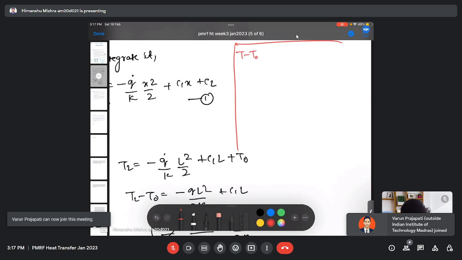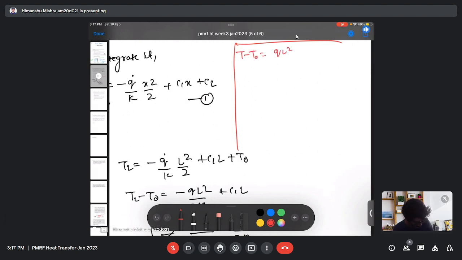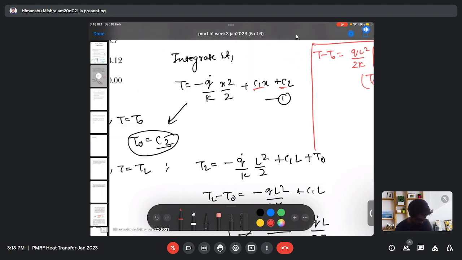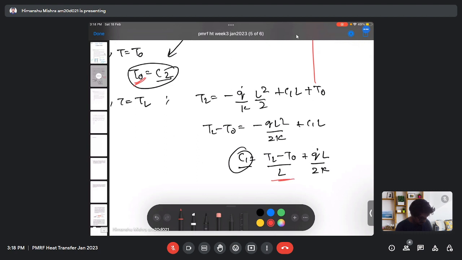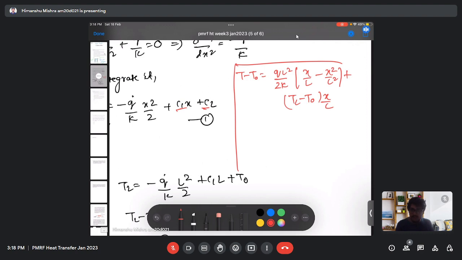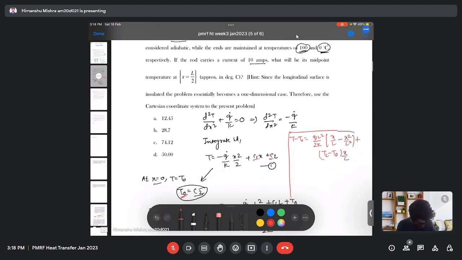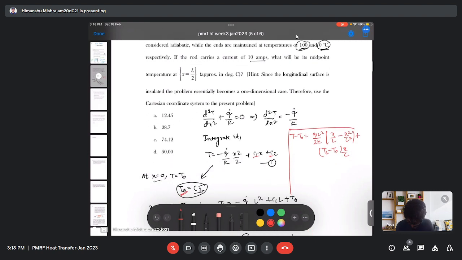T minus T0 equals QL squared over 2K. So this will be my temperature profile if I put the values of C1 and C2 here, where C2 is my T0 and C1 is, let's say, equation A. Now we need to find the midpoint temperature at x equal to L by 2.